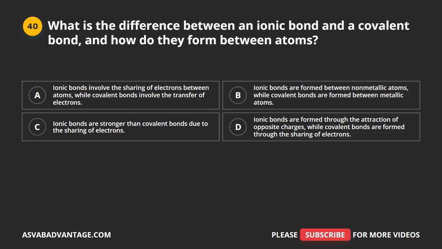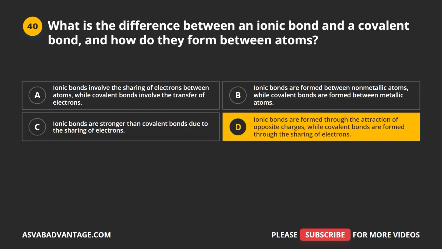C. Ionic bonds are stronger than covalent bonds due to the sharing of electrons. D. Ionic bonds are formed through the attraction of opposite charges, while covalent bonds are formed through the sharing of electrons. The correct answer is D.